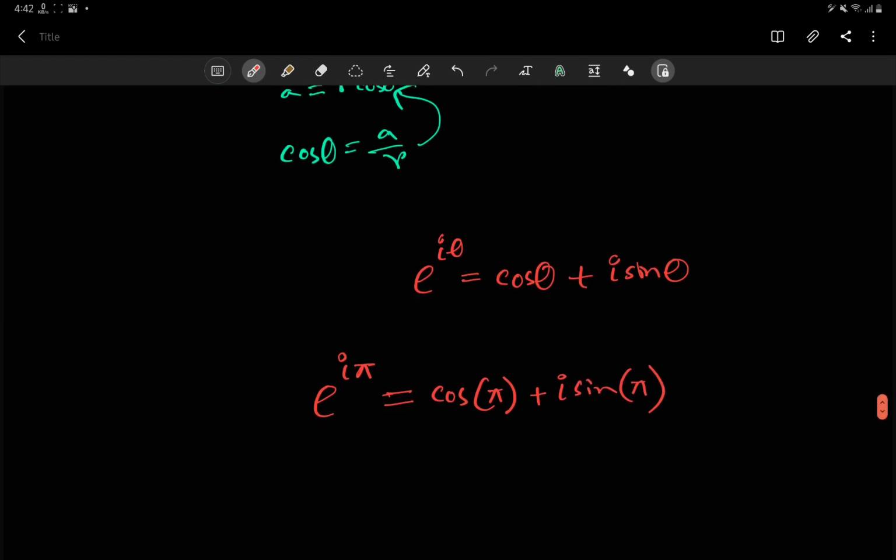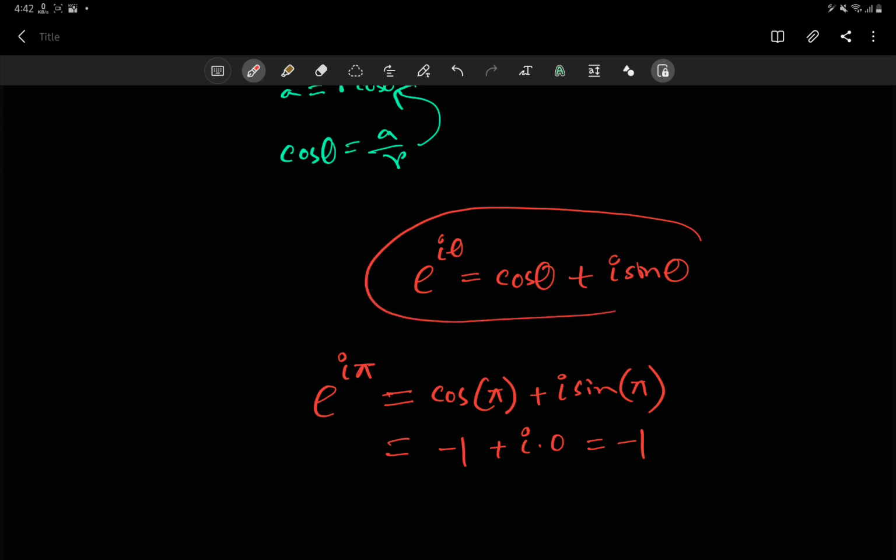So this is in radians, so obviously use radians if you want to use this formula. And the value of cos pi or cos 180 degrees is minus 1 plus sin 180 degrees is just 0, so we have minus 1. Okay, so this is the famous Euler's identity, right?